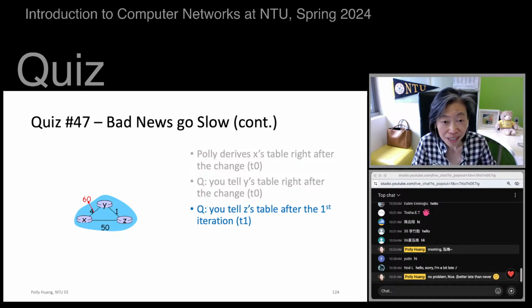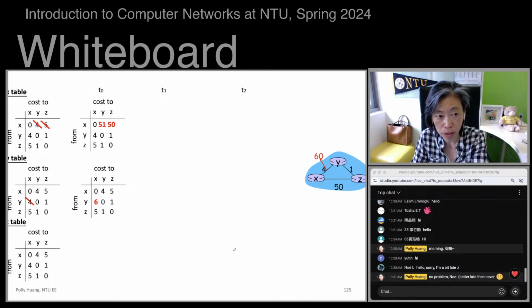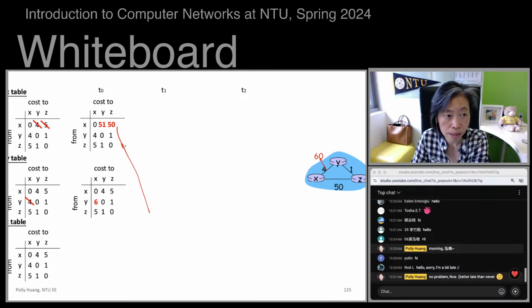Good, we'll move on to quiz 47. You see that after we develop x's table and y's table at t0, we're going to send that information to z. So this is what it's going to look like. This vector is going to be sent, according to distance vector, to the neighbors. Z is a neighbor of x. Similarly, z is a neighbor of y.